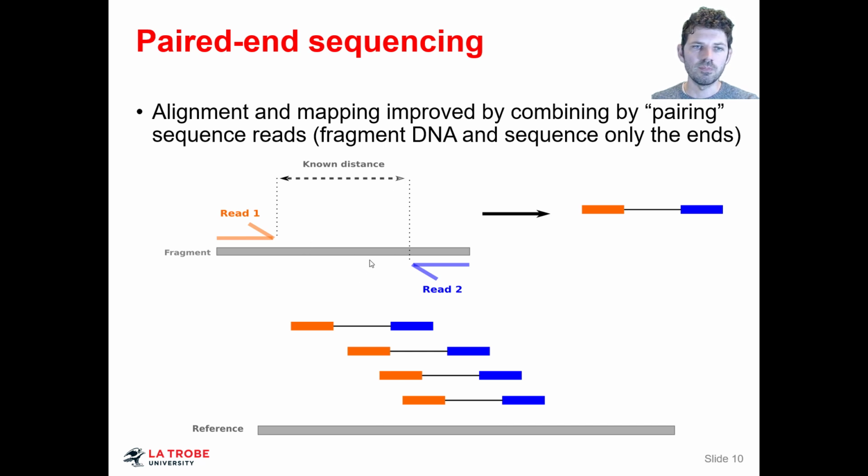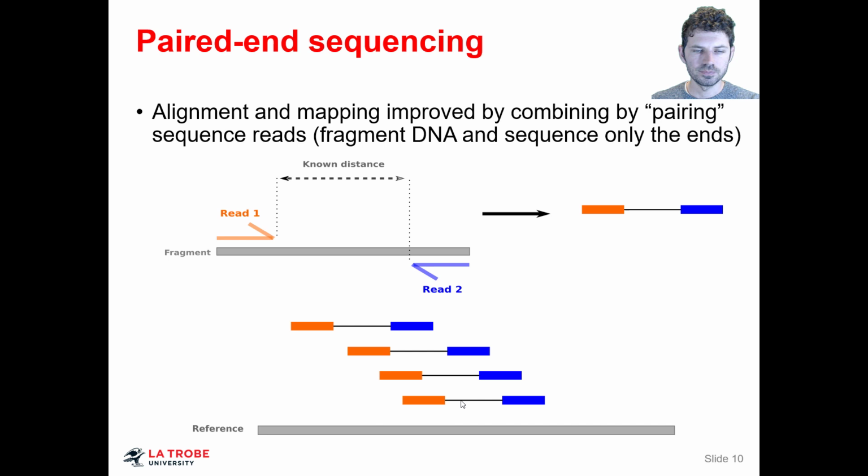So when it comes to mapping these reads, you know that read 1 is associated with read 2 and that there should be a distance of around 700 base pairs in between them.